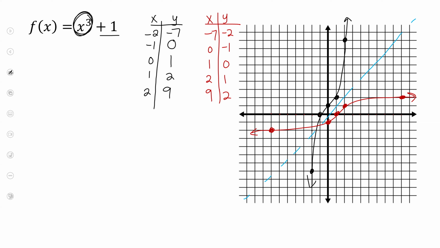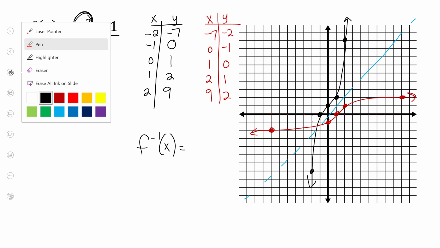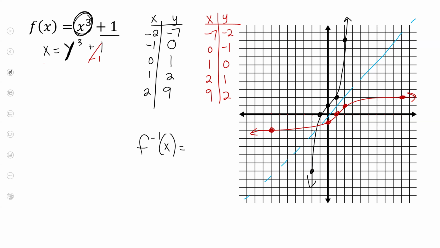Now, another thing I want you guys to do is to solve for the inverse equation algebraically. I want to know what the inverse equation is. I have the table, I have the graph, I want the equation. So what I'm going to do is switch X and Y. And then solve for Y. So subtract 1.